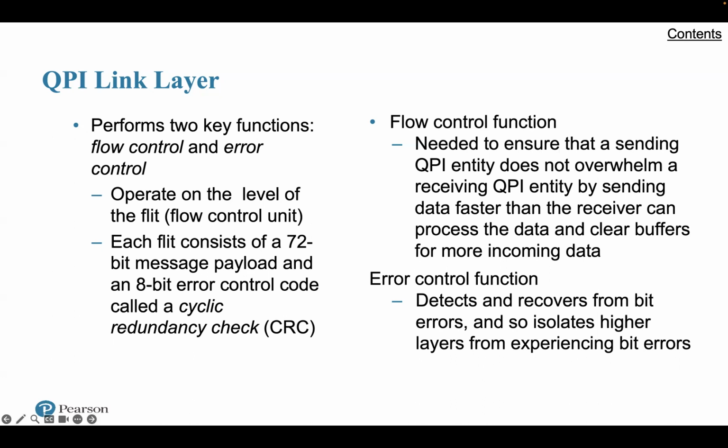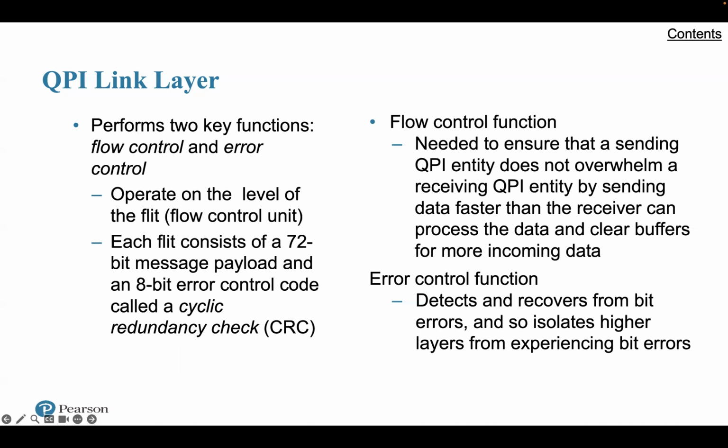During initialization, the sender is given a set number of credits to send flits to a receiver. Whenever a flit is sent to the receiver, the sender decrements its credit count by 1 credit. Whenever a buffer is freed at the receiver, a credit is returned to the sender for that buffer. Thus, the receiver controls the pace at which data is transmitted over a QPI link.